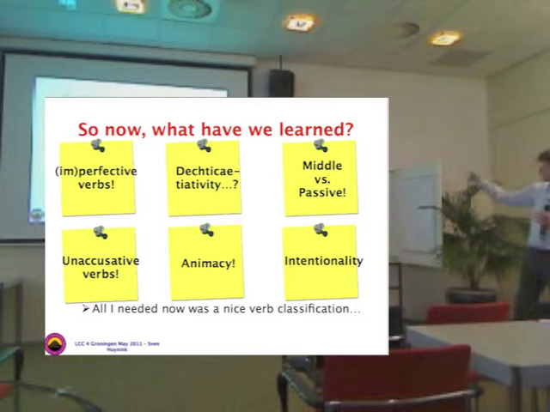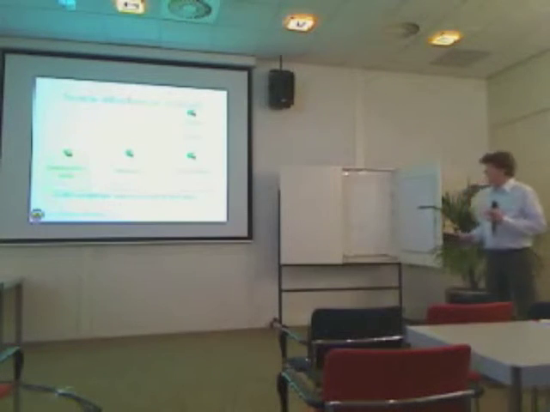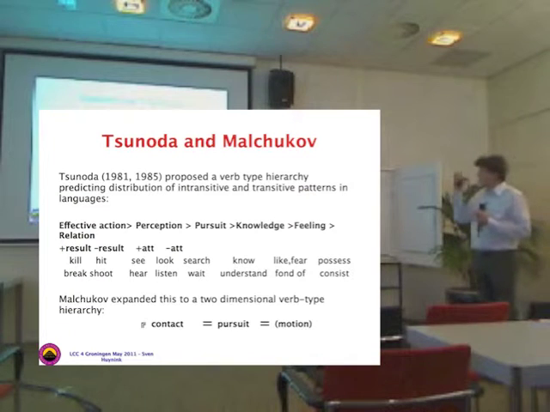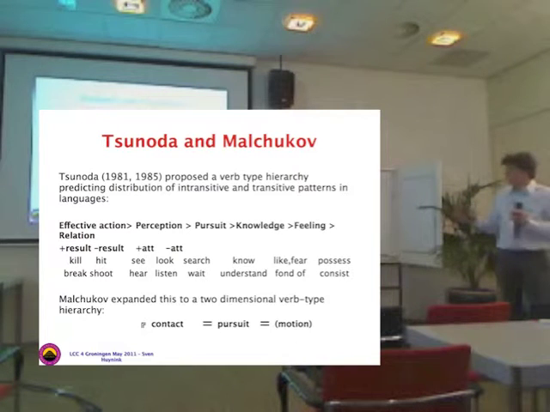So I had those four, and all I needed now was a nice verb classification, which eluded me for 6 years. And then I came across Mr. Tsunoda. Tsunoda had a verb type hierarchy predicting distribution of intransitive and transitive coupled in languages. He had 6 main classes.